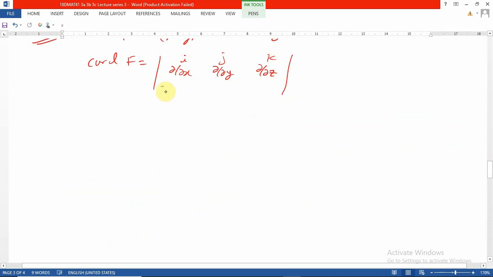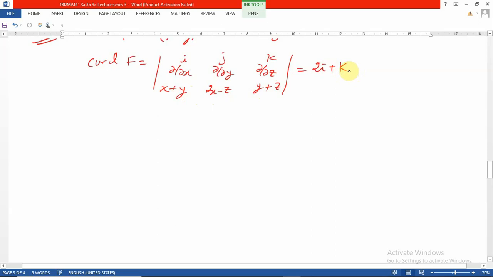So f1, f2, f3 you already discussed. If you want to know, you can go to my playlist of vector calculus where I have discussed curl of f. So using the determinant, please try yourself friends, very easy this is, and the determinant will give you 2i plus k. Yes friends, determinant you have come across so many times, so you get this as 2i plus k.